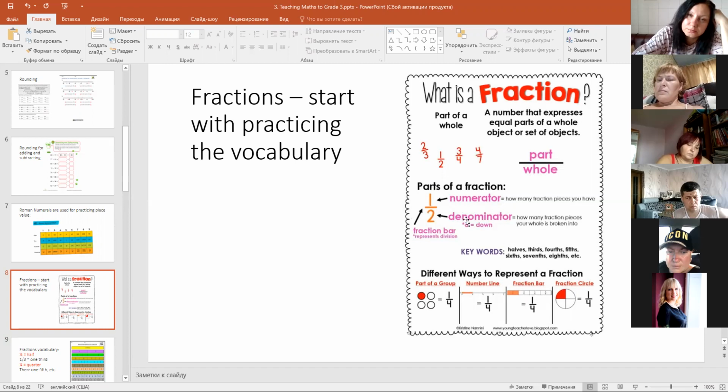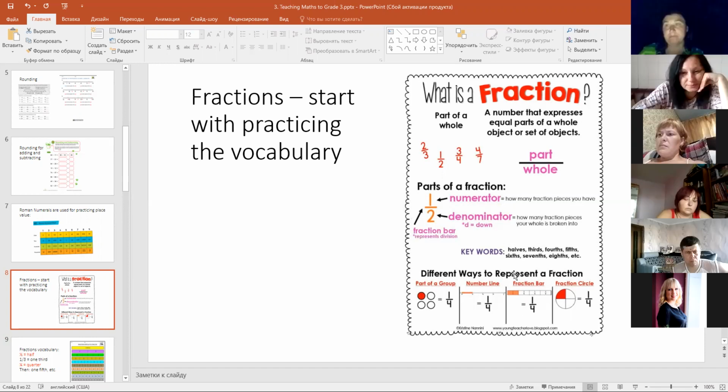Because you see even here, there are some interesting moments, like D, denominator, and D is the down number. And there are different ways of representing the fraction. Also, they talk about words like halves, which is one second, thirds, fourths, which can also be a quarter.